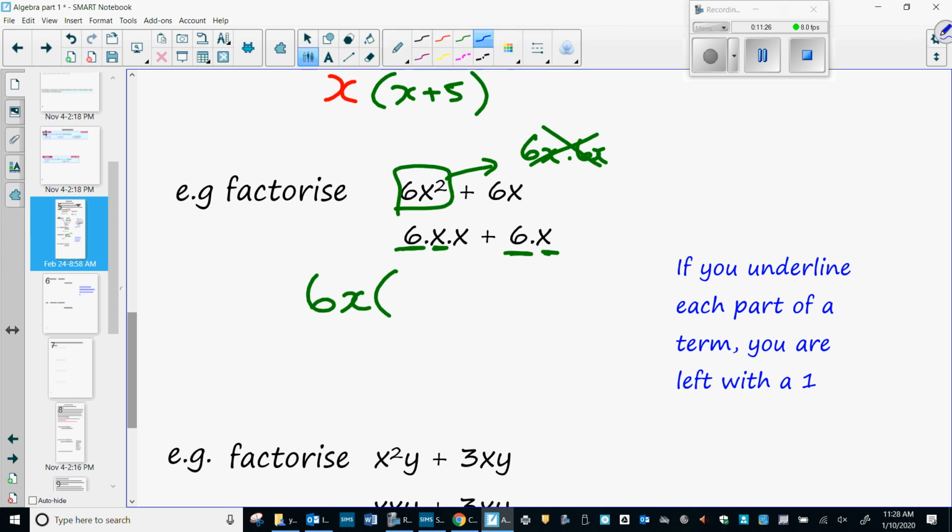And I've got an x left, a plus sign, and then nothing. If you underline each part of the term, you're left with a 1, because I can always have 1 next to anything and I haven't changed the question at all. So essentially I've said this is 6 times 1.